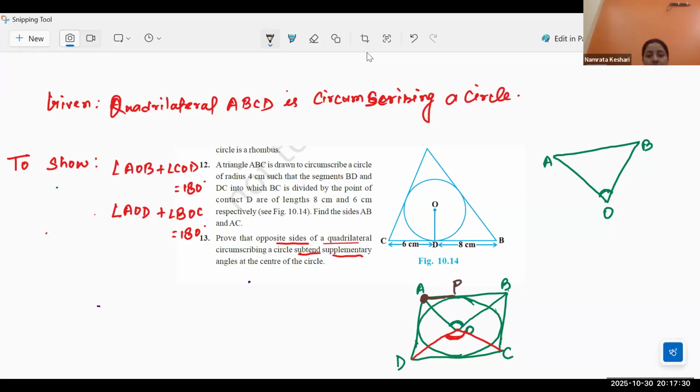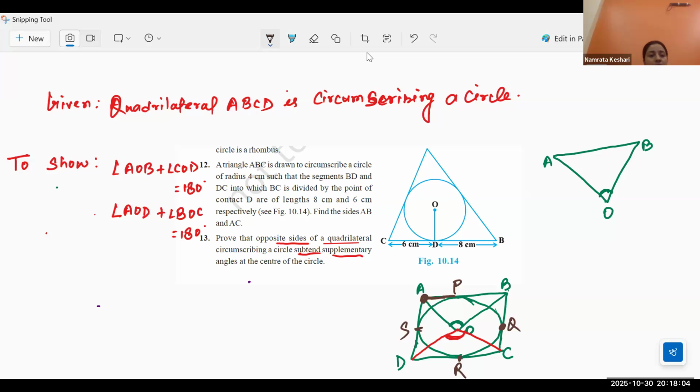Let me take the points of contact as P, Q, R, S. If I tell you that AP and AS are equal in length, you will not say that it's not equal, right? Yes, ma'am, from the external point theorem. Similarly, BP and BQ are the same in length. Similarly, CQ and CR are the same in length. And similarly, DS and DR are equal in length. So we already have this much information.